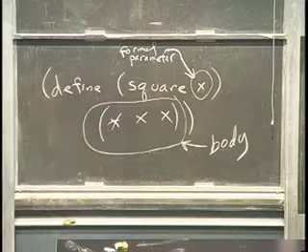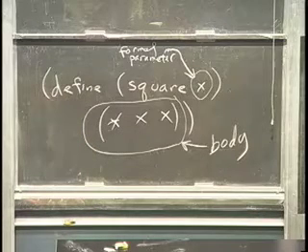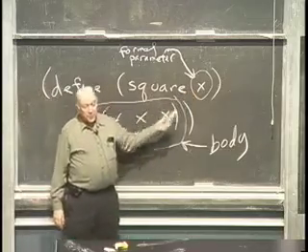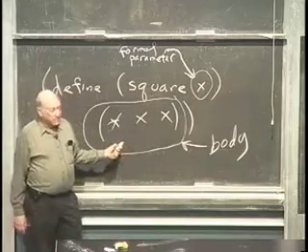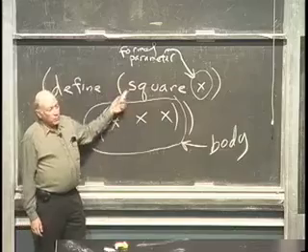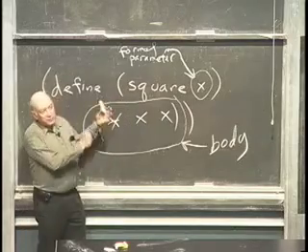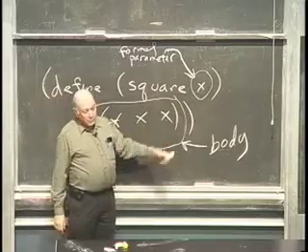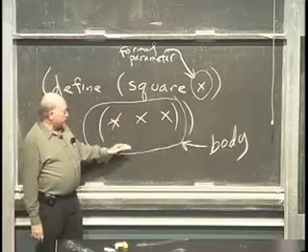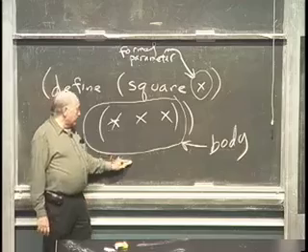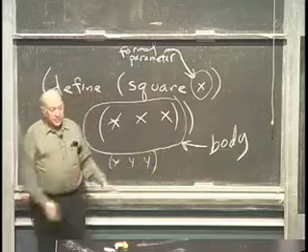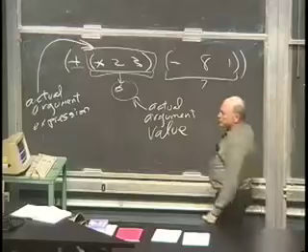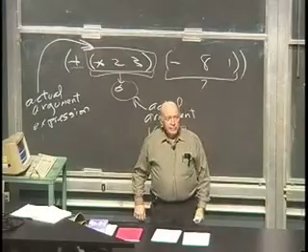Basically, you take the actual argument value and substitute it for the formal parameter in the body. So if I take square of 4, or square of plus 2, 3, or anything that comes out to 4, the actual argument value is 4, so wherever I see an x in here, I'm going to put 4, and I end up with times 4, 4, and then evaluate that. That's how Scheme does it. Except for special forms, of which there are maybe a dozen.